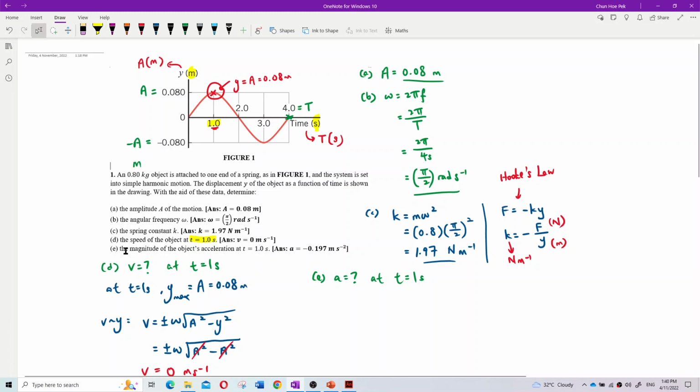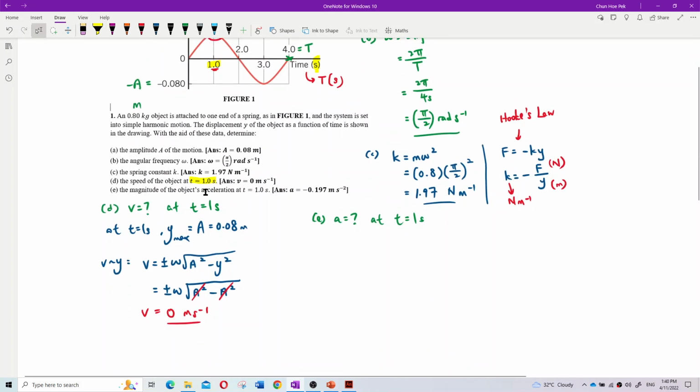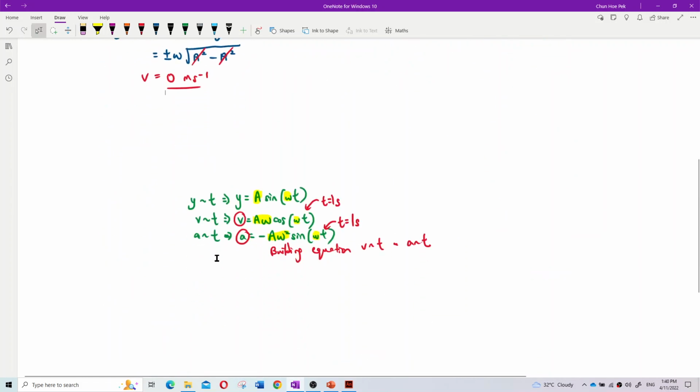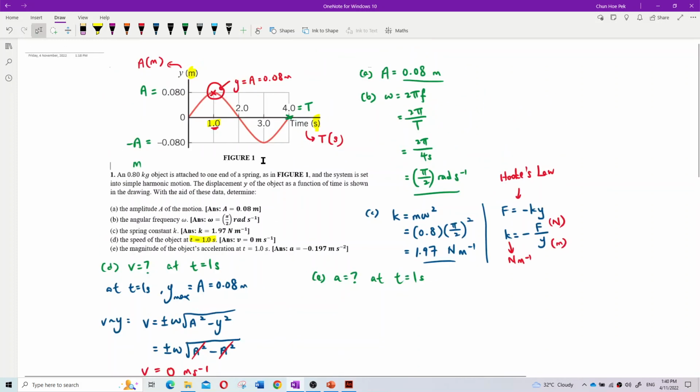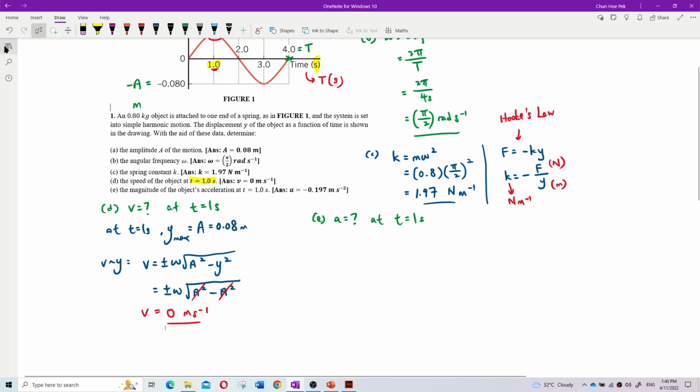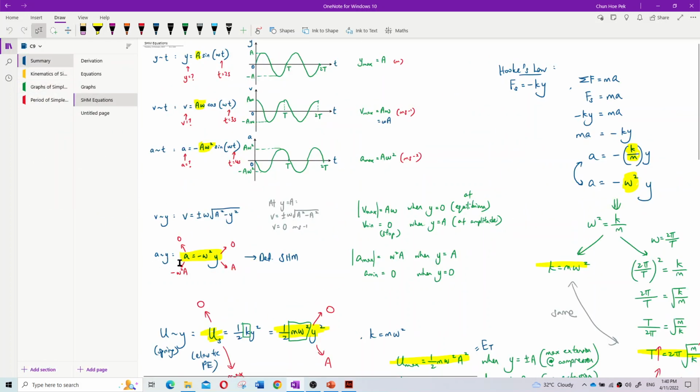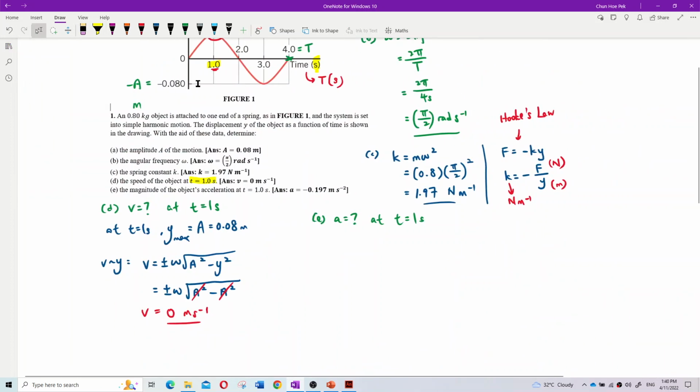And then how about E? What is the magnitude of the object's acceleration at 1 second? Also, we don't need to use the formula of acceleration against time. Because we already know the displacement, we can straight away use the acceleration-displacement formula, which is a equal to negative omega square y.